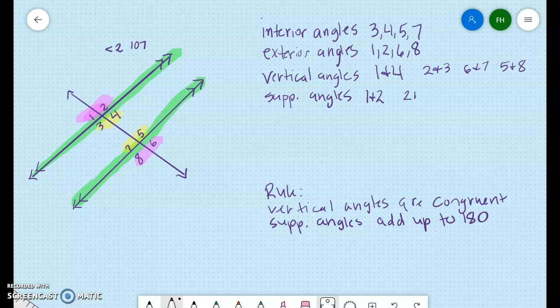2 and 4, 1 and 3, and 1 and 2, 2 and 4, 1 and 3, 3 and 4.